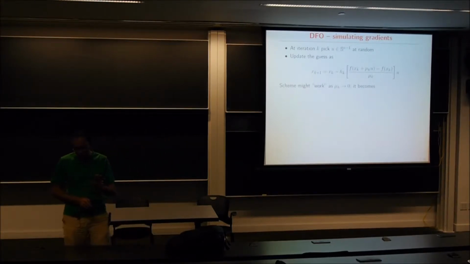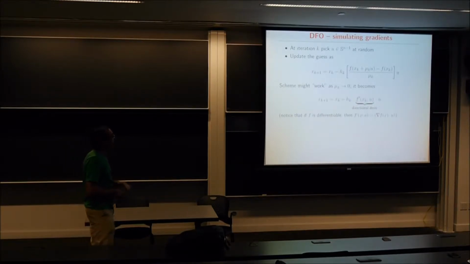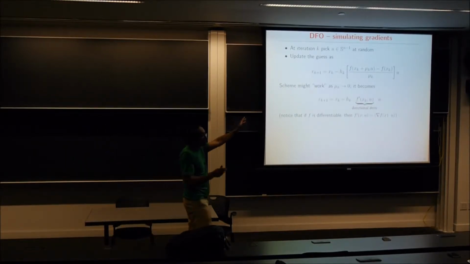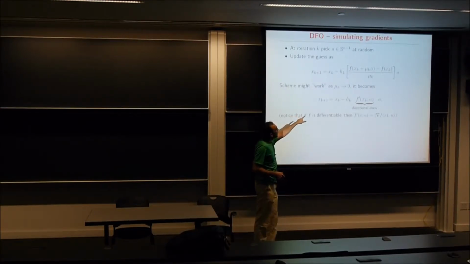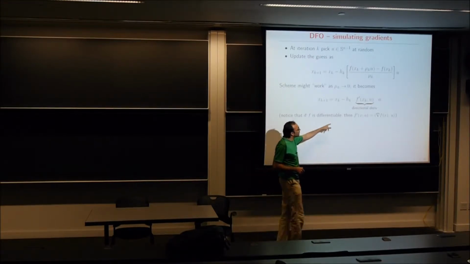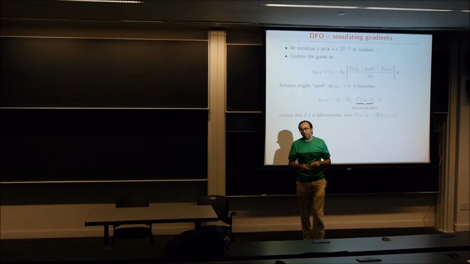It's in the flavor of our randomized methods. If this thing simulates a gradient, we are fine. And that's really what we are getting at. So if that finite differencing interval mu goes to 0, then this quantity becomes the directional derivative in the direction u. So this is not entirely there yet, and if f is differentiable, that's just the directional derivative.